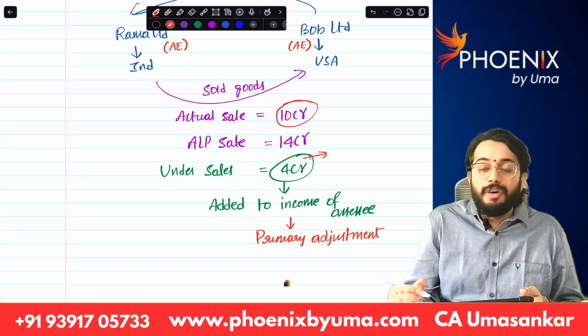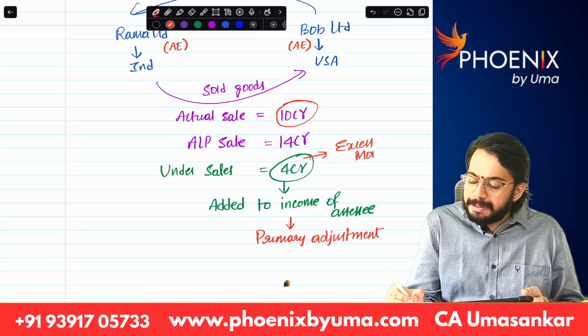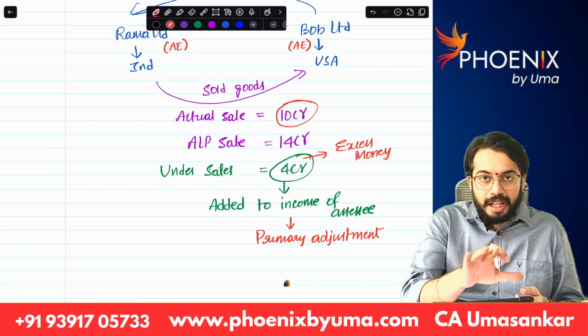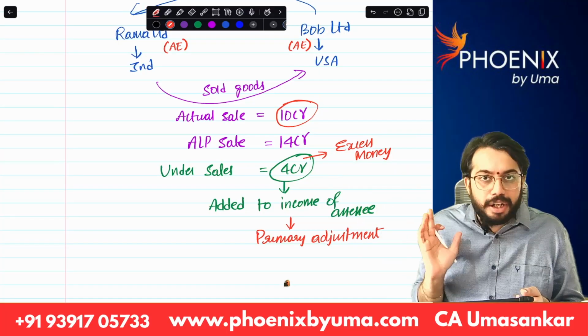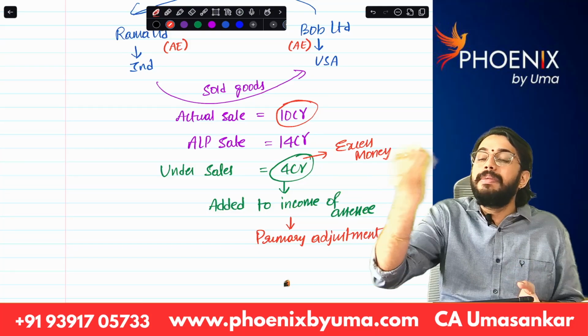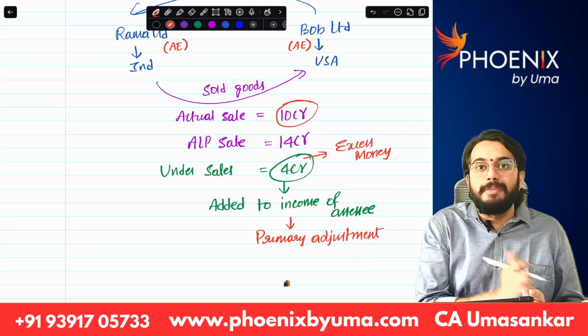Whatever the 4 crores is there, this is excess money. That excess money is lying with Bob Limited, the associated enterprise. Actually, Bob Limited should give 14 crores. But whether Bob Limited gave 14 crores to us? No. Bob Limited gave only 10 crores to us. Excess money 4 crores lying with Bob Limited.